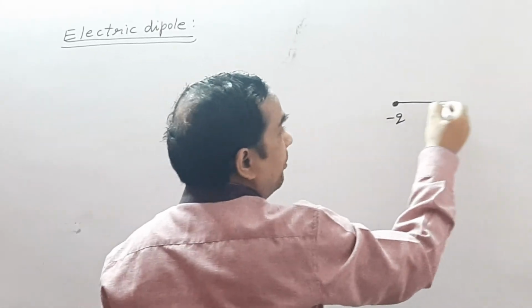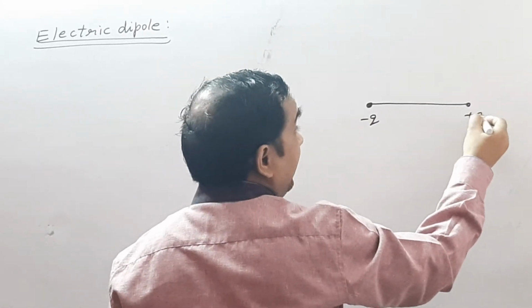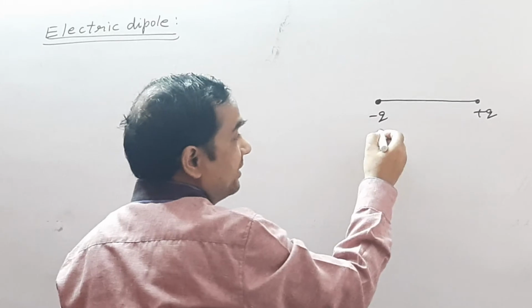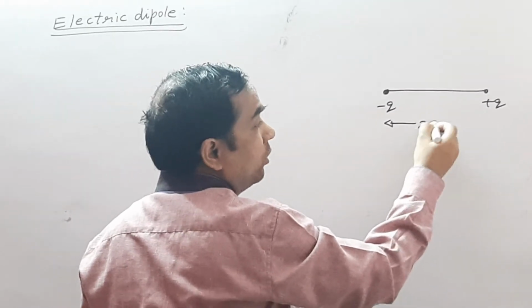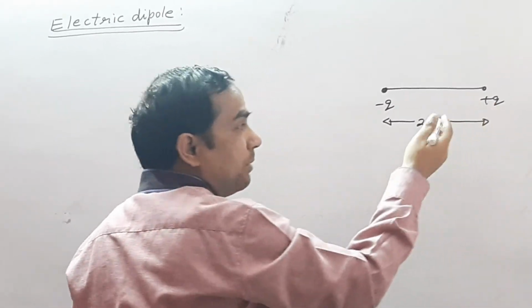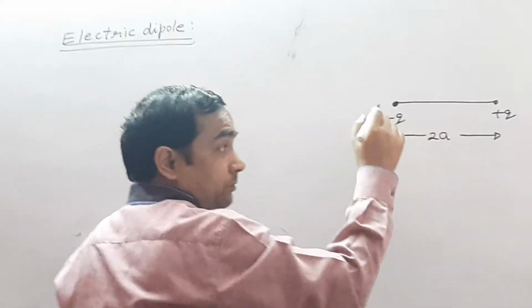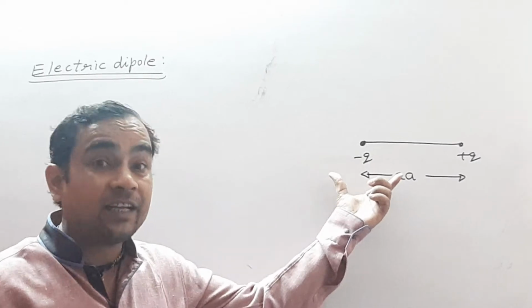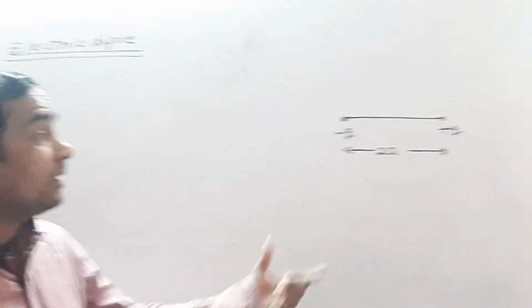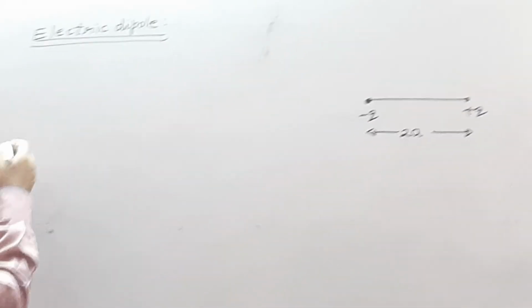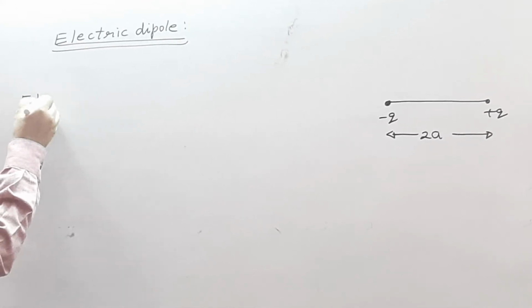Minus q, plus q, equal and opposite charges separated by a small distance 2a. By convention it is taken as 2a. Right? Electric dipole.